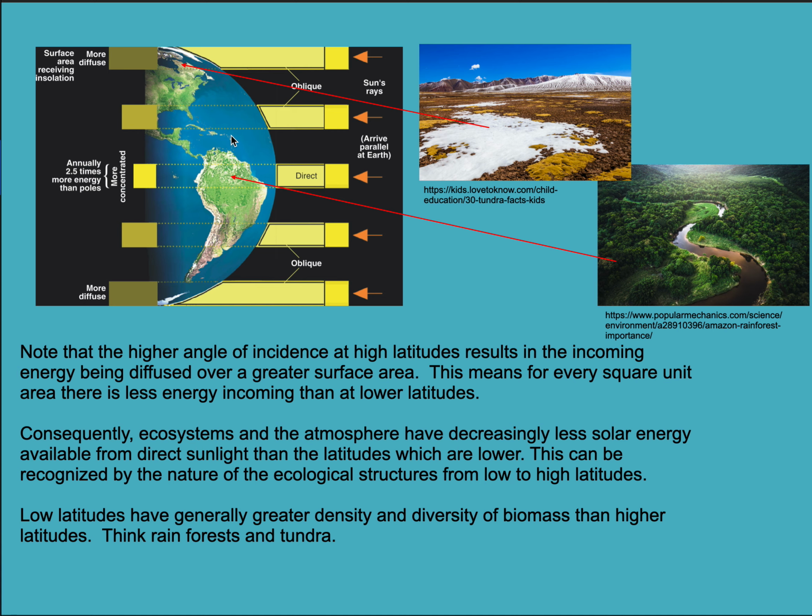And the variability of that energy is going to be significant over the course of a year. That's going to translate into seasons. So our high energy seasons are our summers, our low energy seasons are our winters, and the transitional seasons between summer and winter and then summer and winter again are spring and fall.